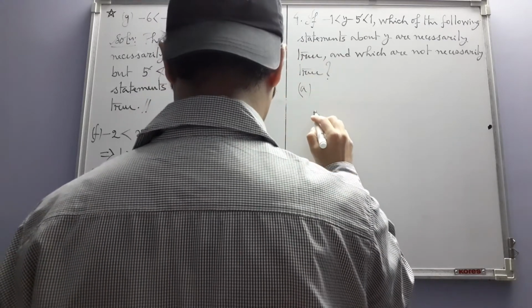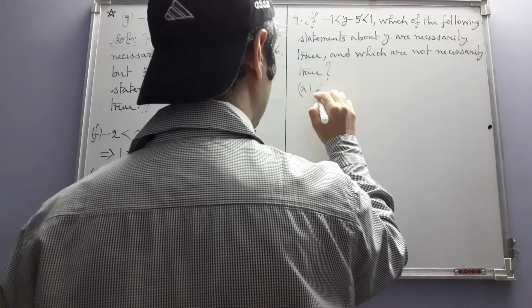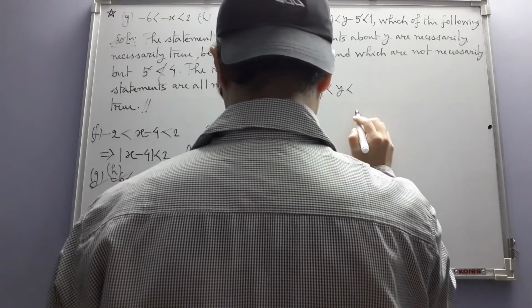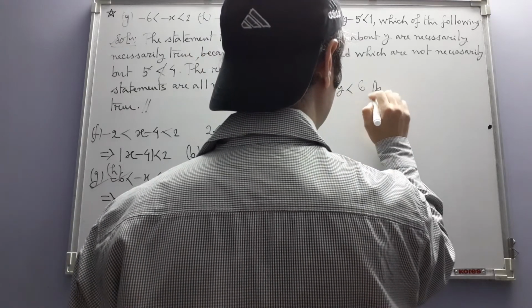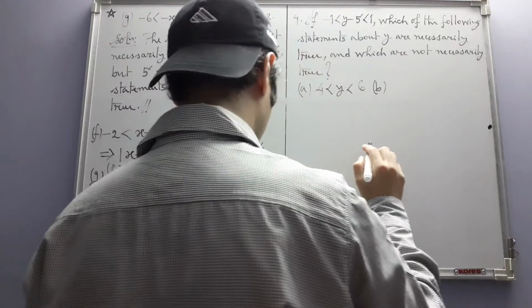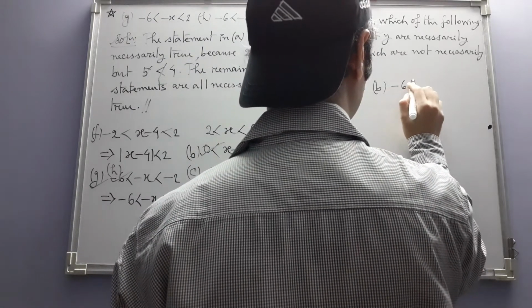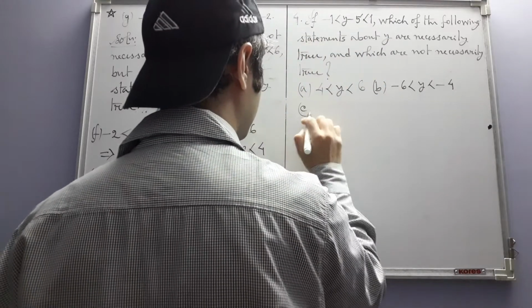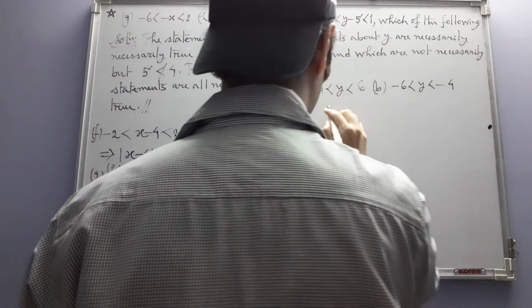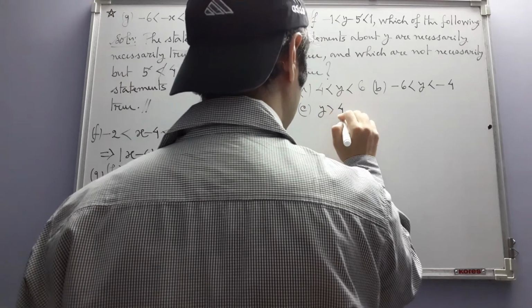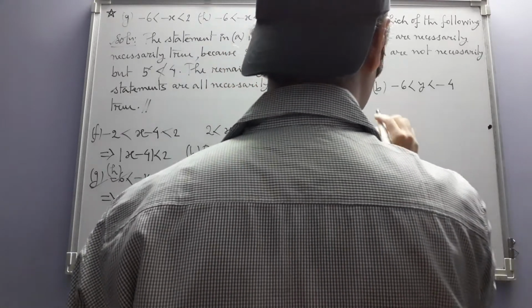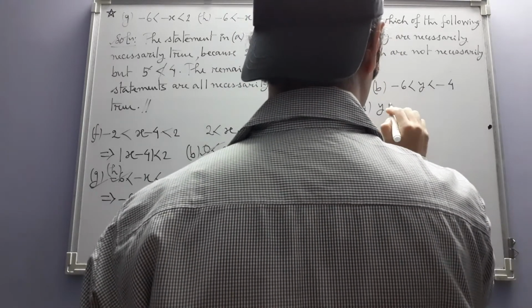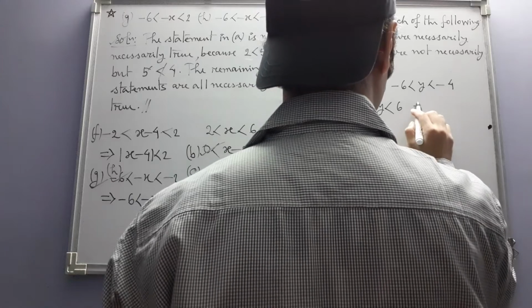A, 4 less than y less than 6. B, minus 6 less than y less than minus 4. C, y is greater than 4. D, y is less than 6.